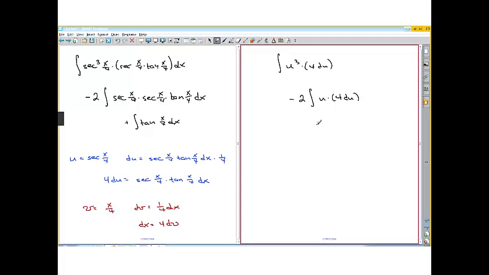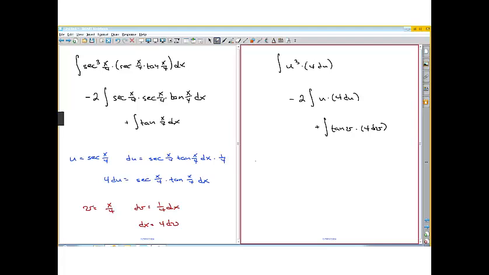So if we go back here and we change this, we actually have plus the integral of the tangent of v times 4 dv, because dx is 4 dv. And so now we do have it set up like we have it on page 383.